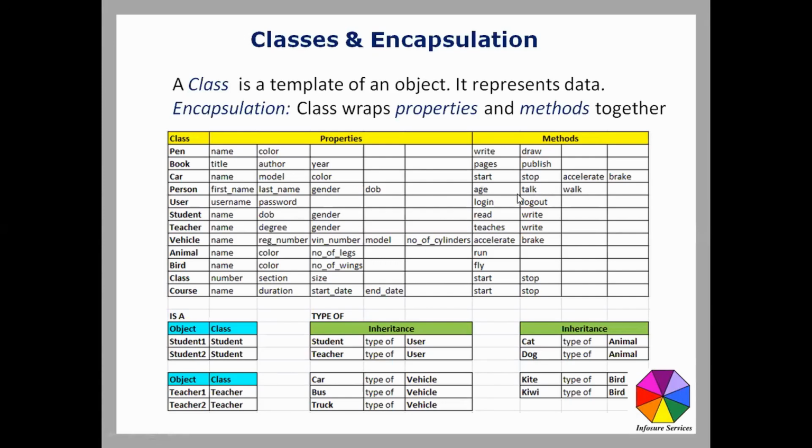So we are getting to think in terms of classes and objects, where we're using the concept of wrapping properties and methods together. This approach of programming is called object-oriented programming. And why do you need object-oriented programming? What is the benefit of doing this? We are creating our own data type.